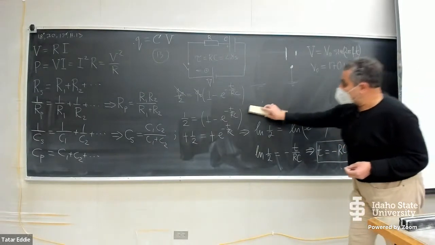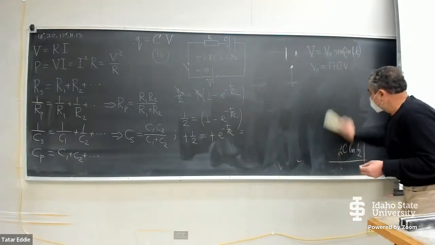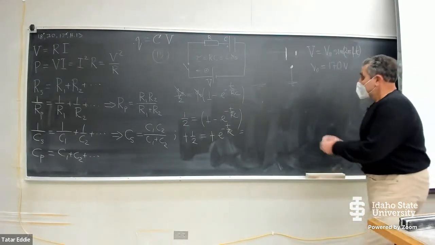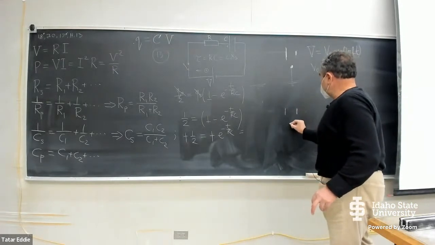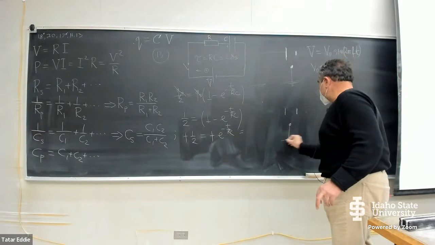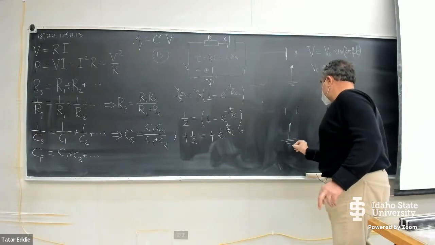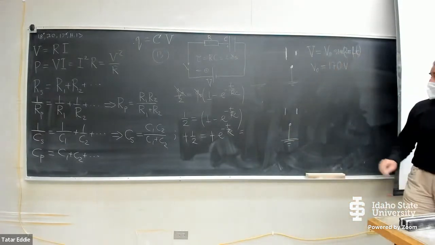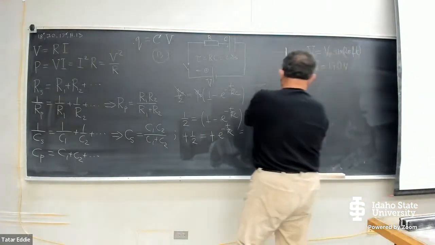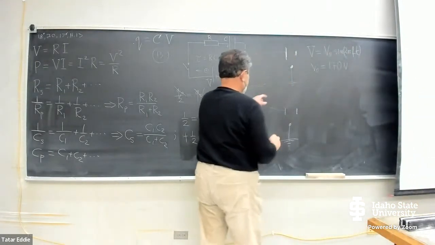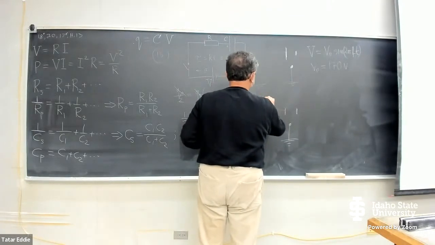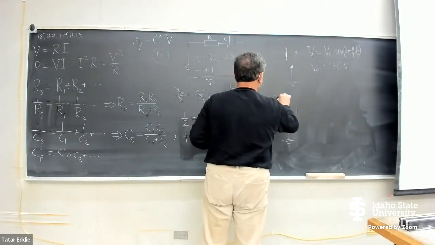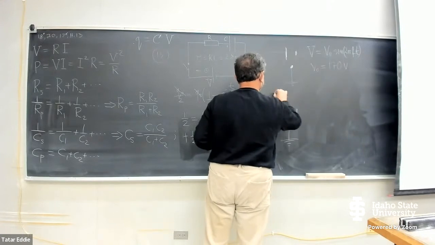So a 240 outlet looks like this. You have 2 terminals like this. Of course, for safety, you should have the ground. Now, this terminal is connected to V equals V naught times sine of 2 pi ft.